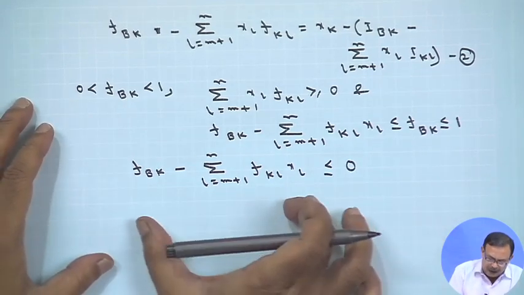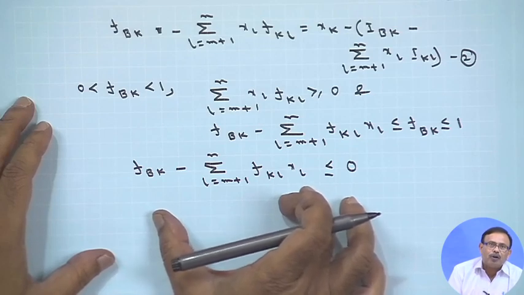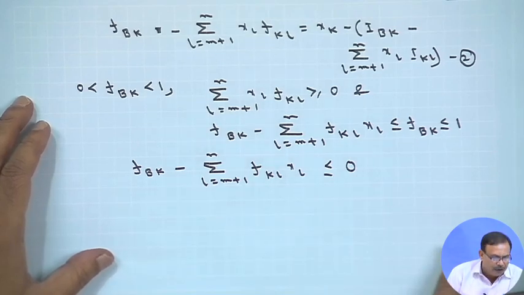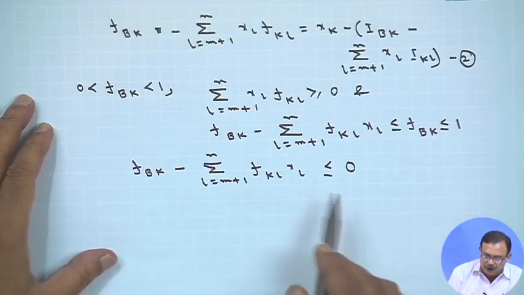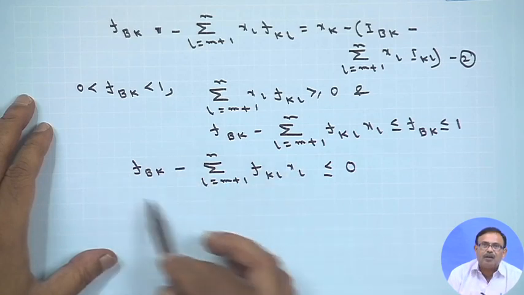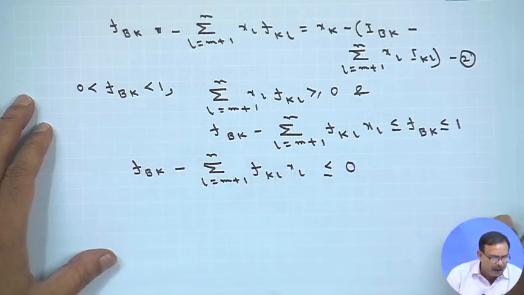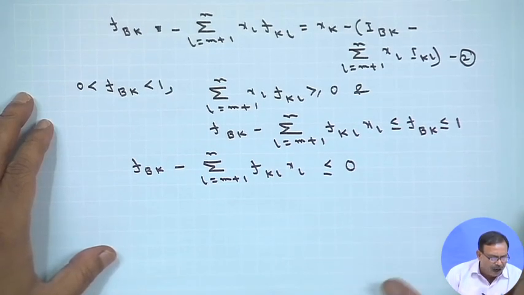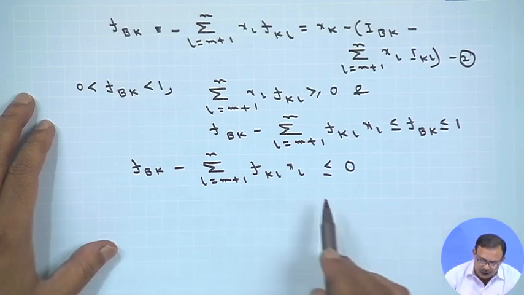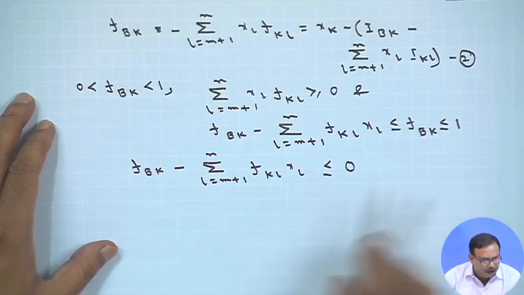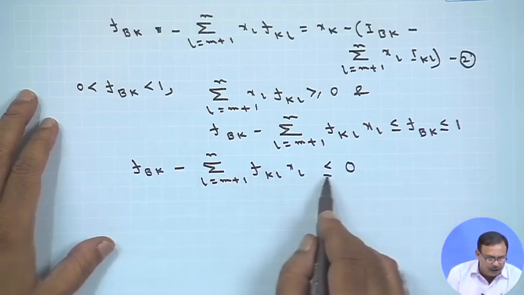Now, this part, f of BK minus summation L equals m plus 1 to n f of KL XL, if this part has to be an integer, it should be either 0 or it must be negative. So, there must be some inequality by which we can introduce some non-negative Gomorian slack variable to make it an equality.